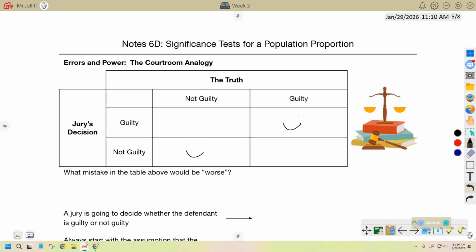We'll start with this box in the upper left. What happens when I vote guilty, but the person on trial is actually not guilty? Yeah, definitely frowny face. Why am I frowny face? I just sent an innocent person to jail.